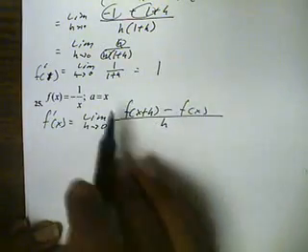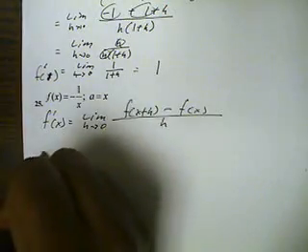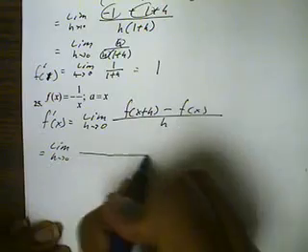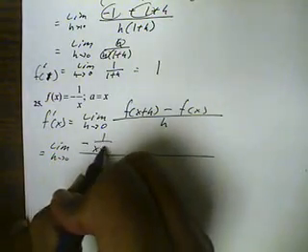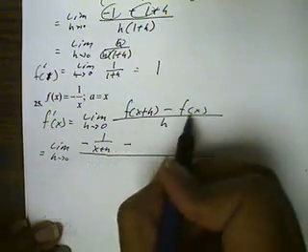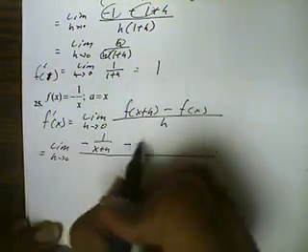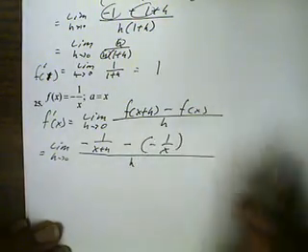So we're using x's instead of the 1 or any other number. Alright, so from here we have the limit as h goes to 0. Everywhere we see an x, we're going to put an x plus h. So negative 1 over x plus h. Here, everywhere we see an x, we'll keep it x. So this will remain, parentheses, negative 1 over x, all over h.